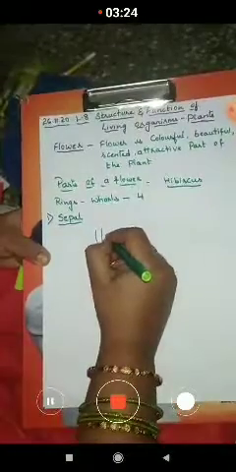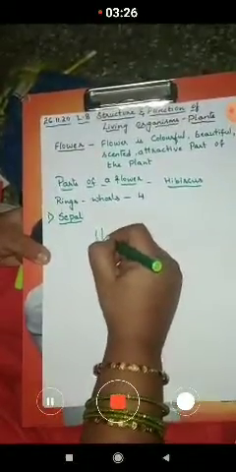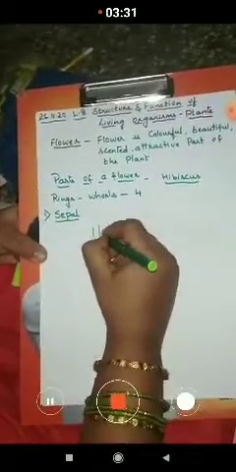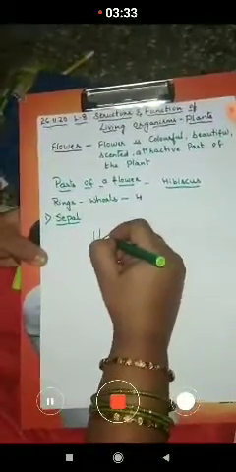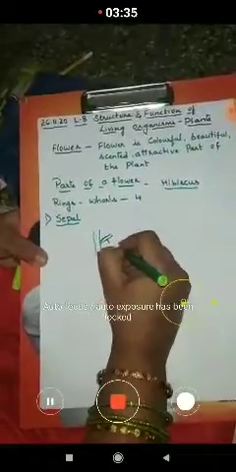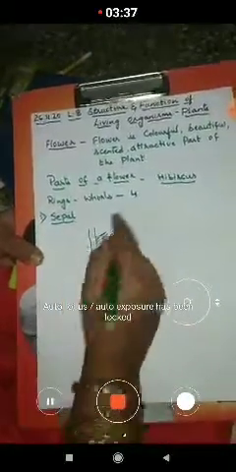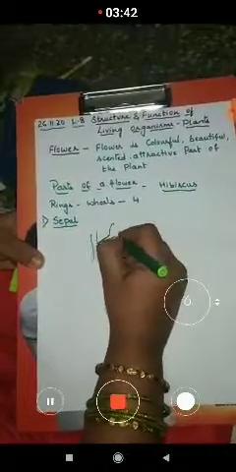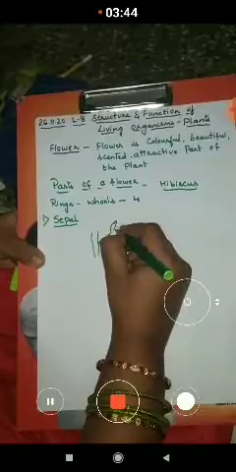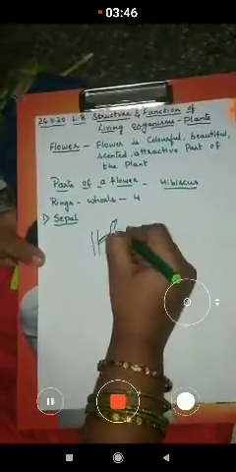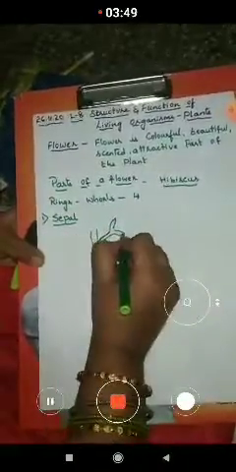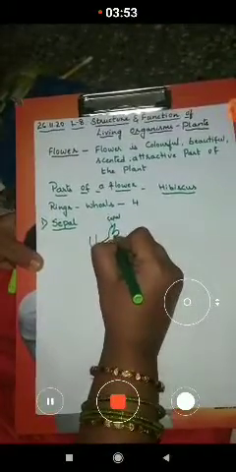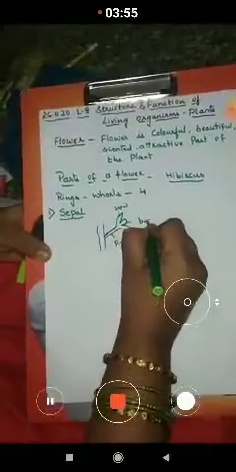To the stem we can observe the flower is attached through a long, thin structure. This is called the pedicel. To this pedicel you can observe the first part, that is the sepal. This is the sepal, and you can observe a small bud is present here, children.